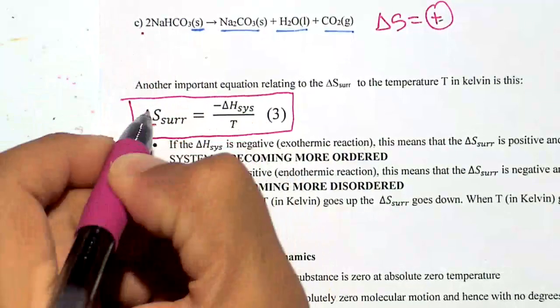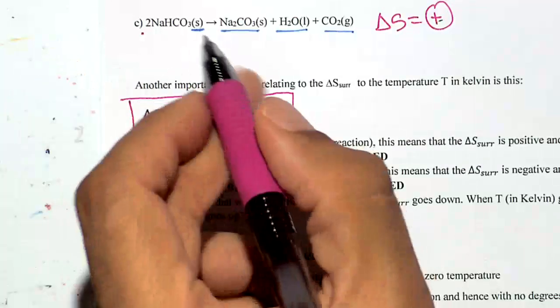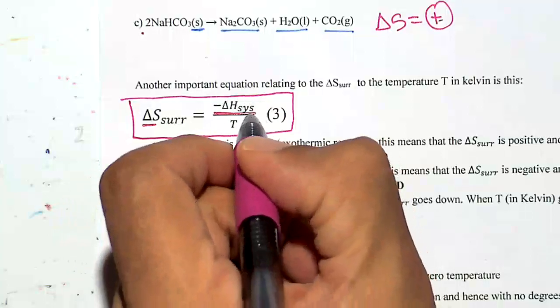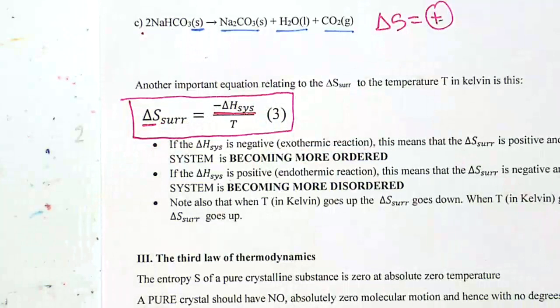Okay, and what is S or delta S? That's entropy, disorder. What is delta H? Enthalpy. What is the system? The reaction. The reaction is the system. In this case for this lab, it's the NaNO3, the sodium nitrate, and the water. Those are the chemicals that will do the reaction.